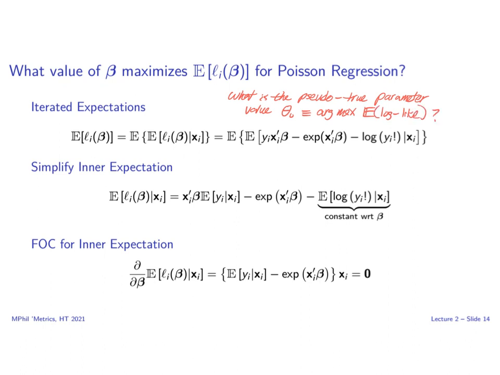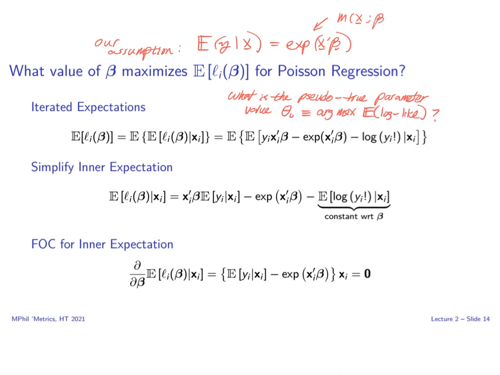But what does that parameter value have to do with our conditional mean function that we originally specified at the beginning of this lecture? Remember, we were trying to solve the problem of negative predictions from an OLS model. We said that's not a great idea if we're predicting a count. We know that counts need to be positive, and we ultimately settled upon this idea of specifying a parametric function m of x and beta such that this function would always be positive.